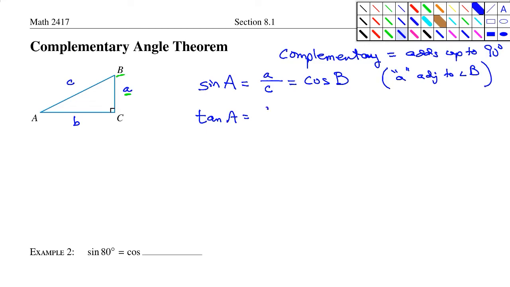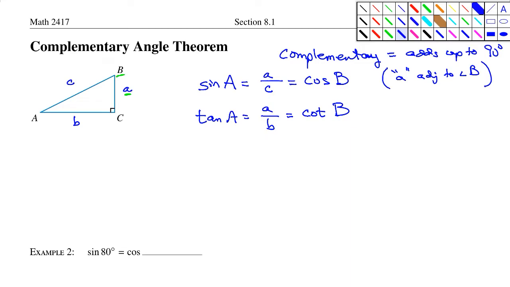That would be A over B. But that turns out to be the same thing as the cotangent of B, because cotangent of B is adjacent over opposite, but it's a different angle.